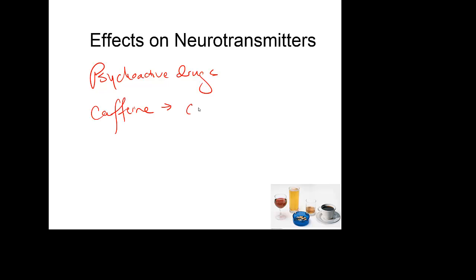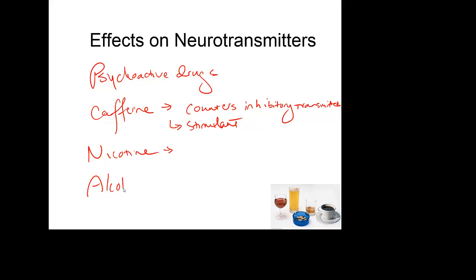Caffeine actually counters inhibitory transmitters. So when we talk about caffeine, we talk about it as being a stimulant, right? It's keeping the inhibitors from acting properly. Nicotine, also a stimulant, does the same thing.